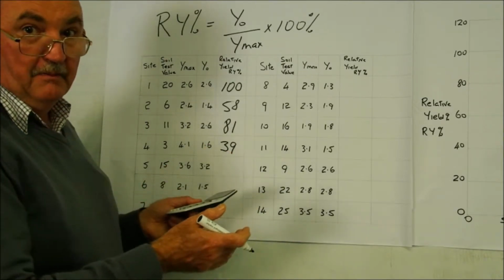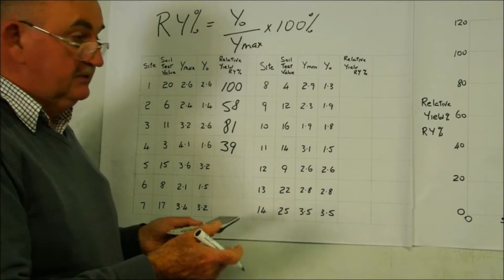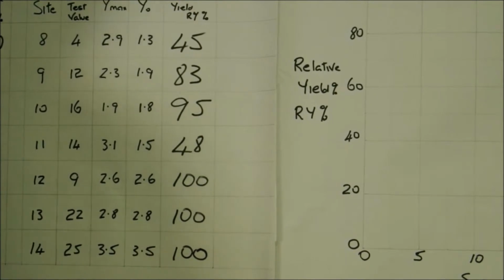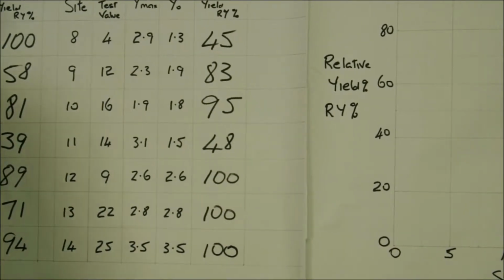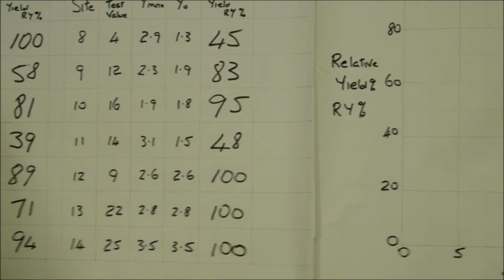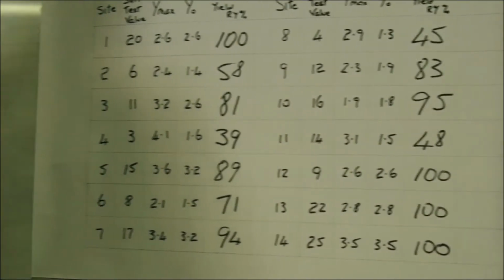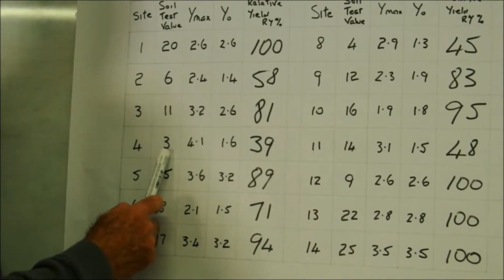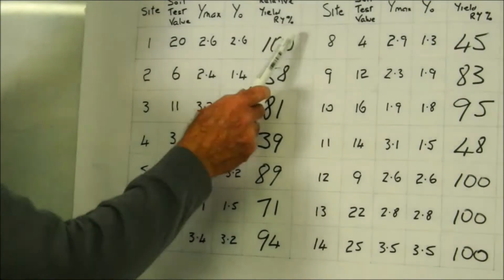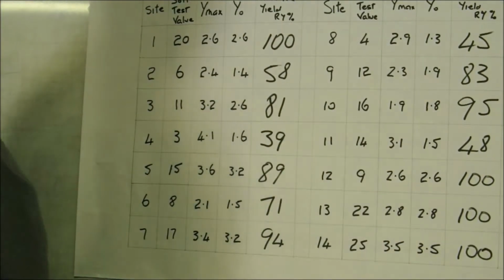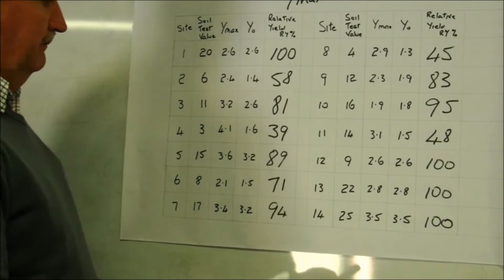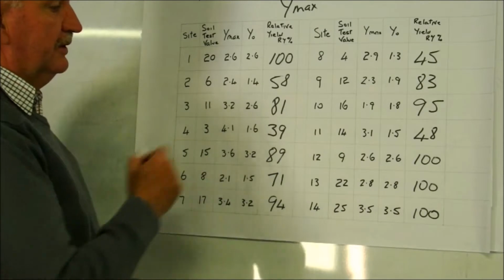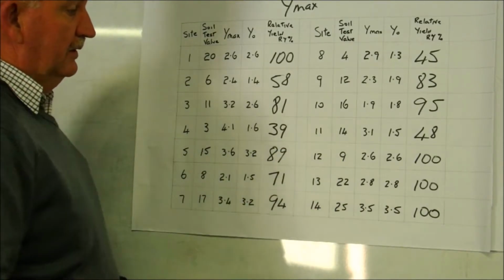So what we have here, we have the data now from these 14 sites, the relative yields, ranging from a low of 39% at a very responsive site, Colwell P of 3, through to 4 trial sites with no yield response at all, and they had Colwell Ps of 20, 22, 25, but surprisingly Colwell P of 9.